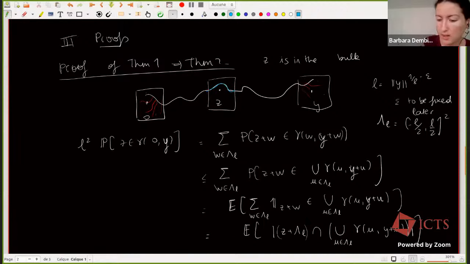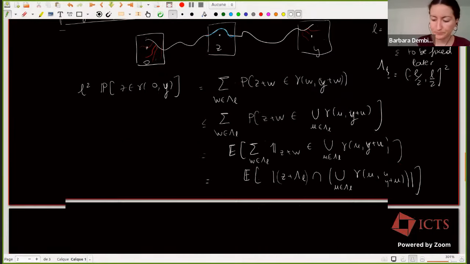And so that means that on the good event where they coalesce, you just have to compute the expected intersection of a geodesic with a box. But this is something really standard in first passage percolation, and it's easy to compute. The expected intersection of a geodesic with a box will be of the order of the side length of the box.